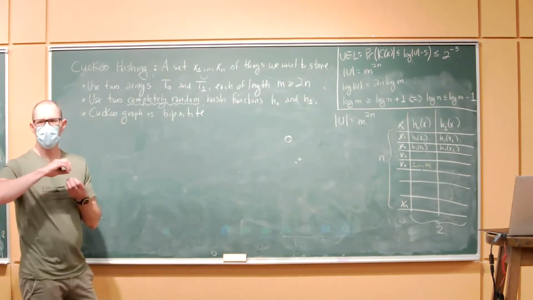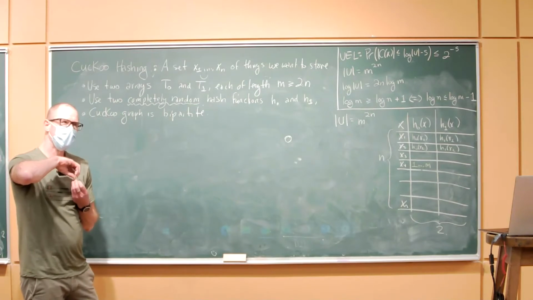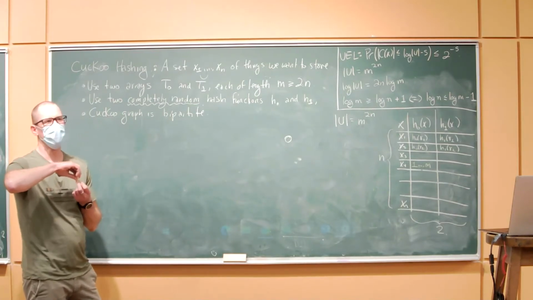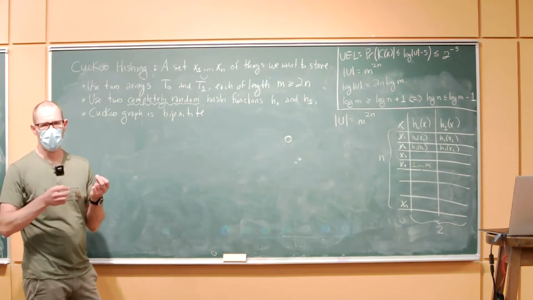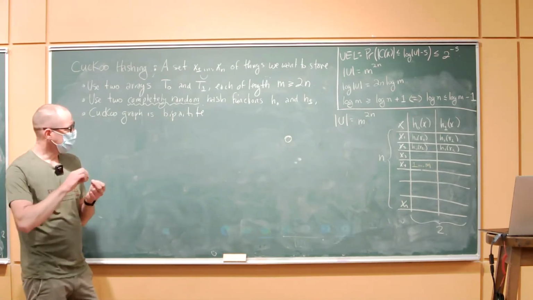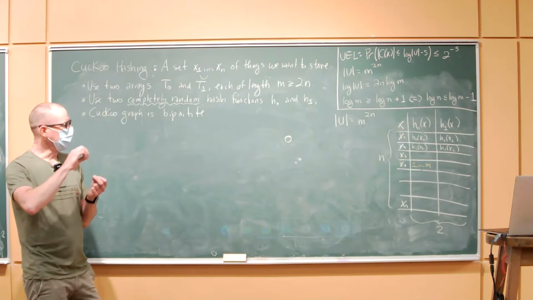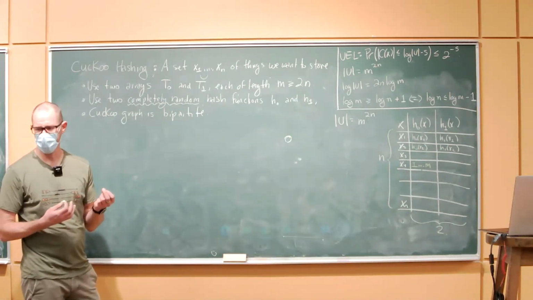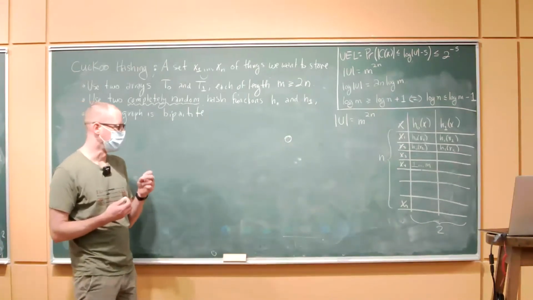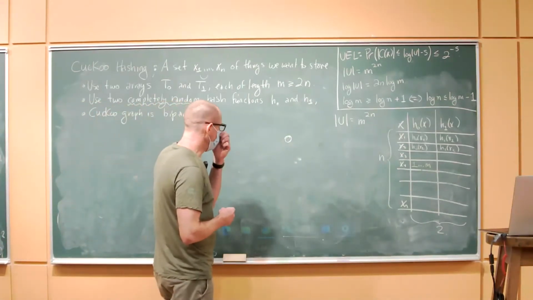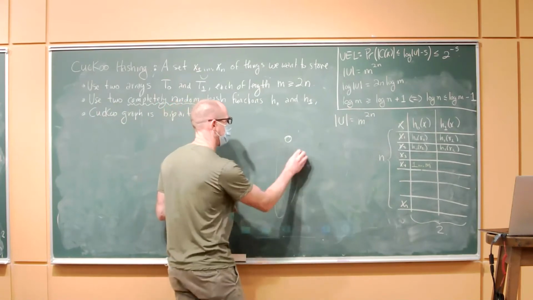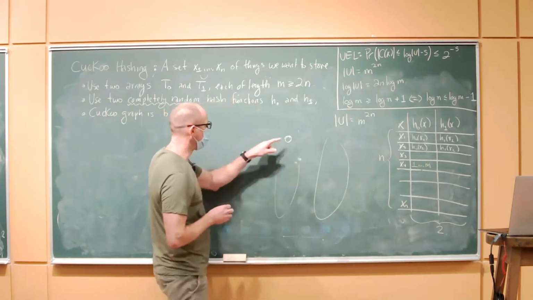A cycle is like a path, a walk in the graph that begins and ends at the same vertex and doesn't, other than that, have any repeated vertices. So a cycle has to start on one side or the other.